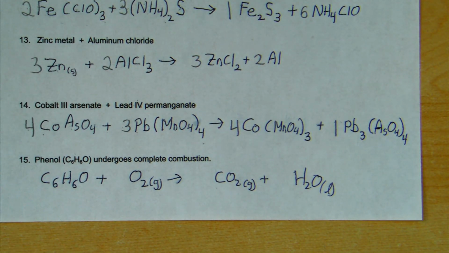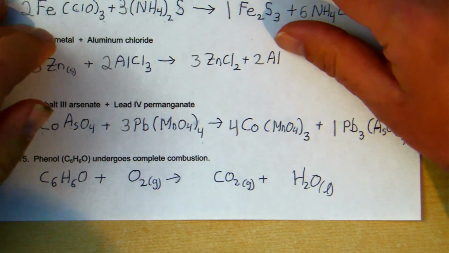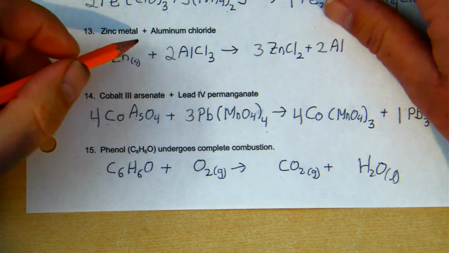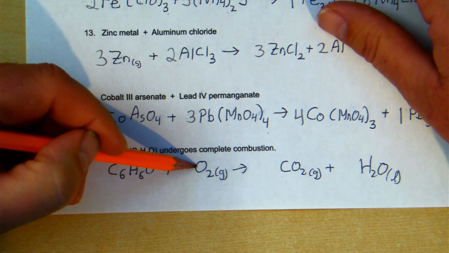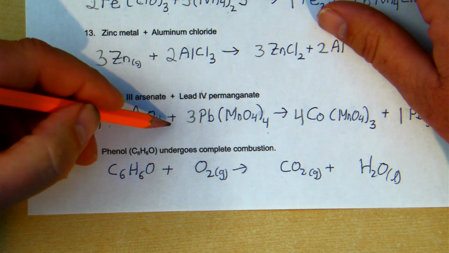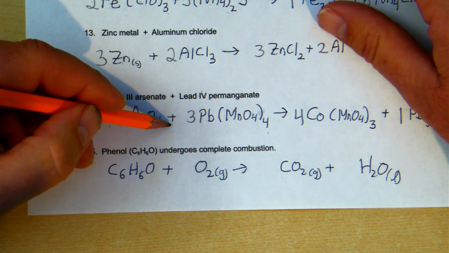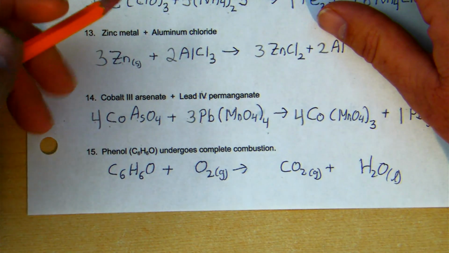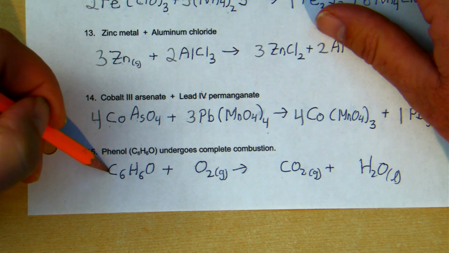And this would be a blue flame if you wanted to look into a gas flame. To balance this, do the oxygens last. I will start by observing I can have an odd number of oxygens on both sides. So I'll go after the carbons first.